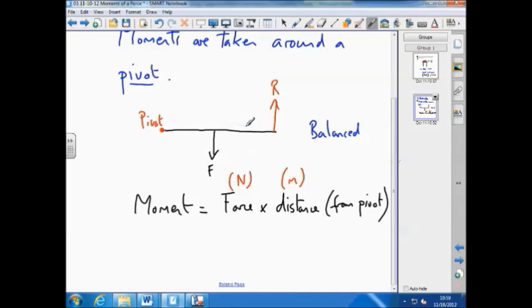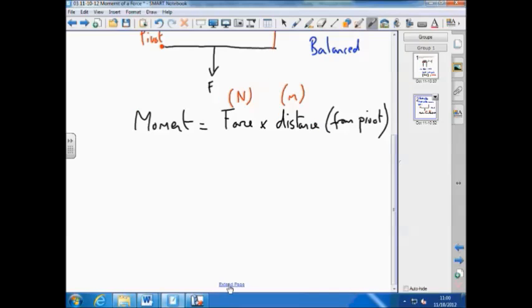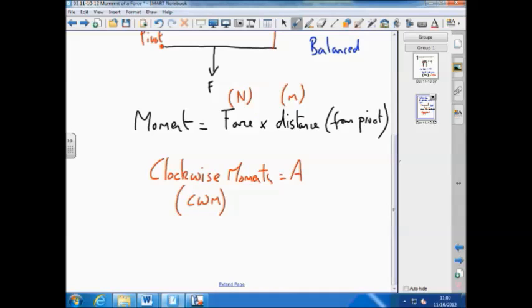So if the thing is balanced, we say that clockwise moments must equal anti-clockwise moments.